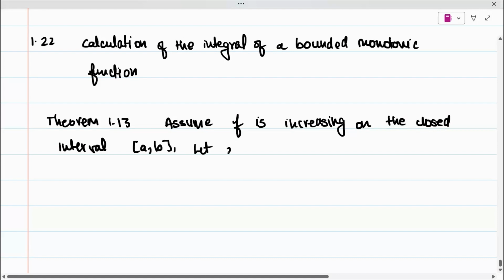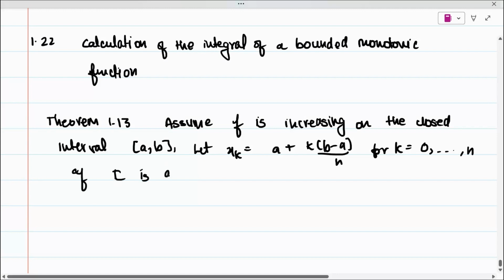So that xk equals a plus k times (b minus a) by n, for k equals 0 to n.